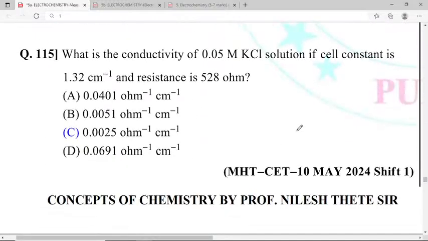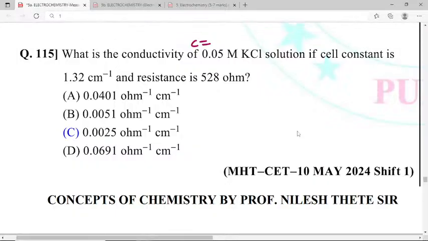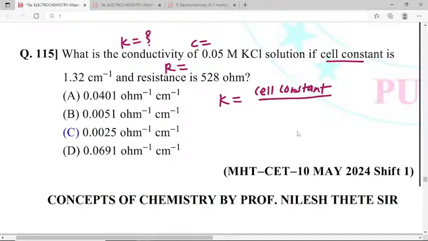What is the conductivity of concentration 0.05 KCl solution? Cell constant is given. Resistance is also given. Conductivity we have to calculate it. So conductivity is equal to cell constant divided by resistance.